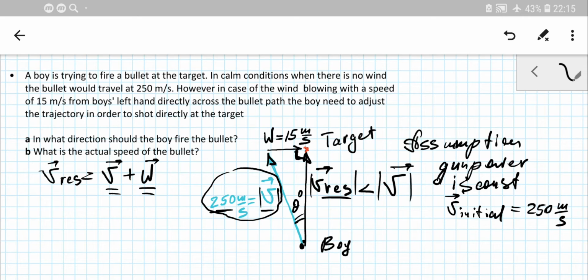So what we're going to do, in terms of resultant velocity, we see that v resultant is simply v plus w. However, if you rearrange, we understand that if you express, for example, v from there, you'll get v resultant minus w.